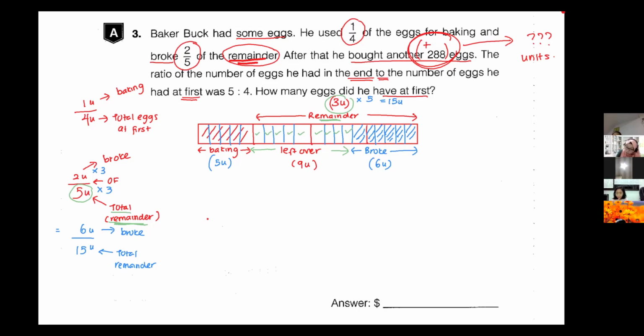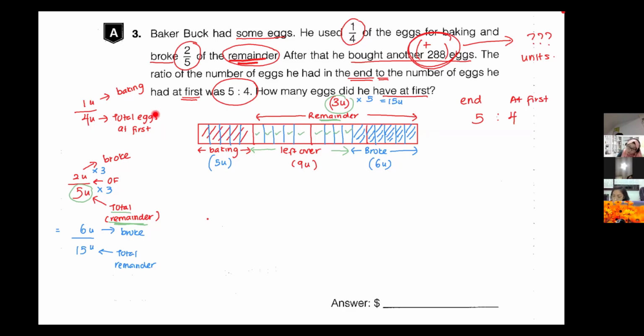Then we have to use my ratio. We're going to pluck out the ratio. 5 is to 4. This 5 is those eggs that he has in the end, and 4 is what he has at first. Now, this whole model that we've been using tells us what he has at first, correct? Remember this fraction, 1 over 4, the 4 units is the total eggs at first.